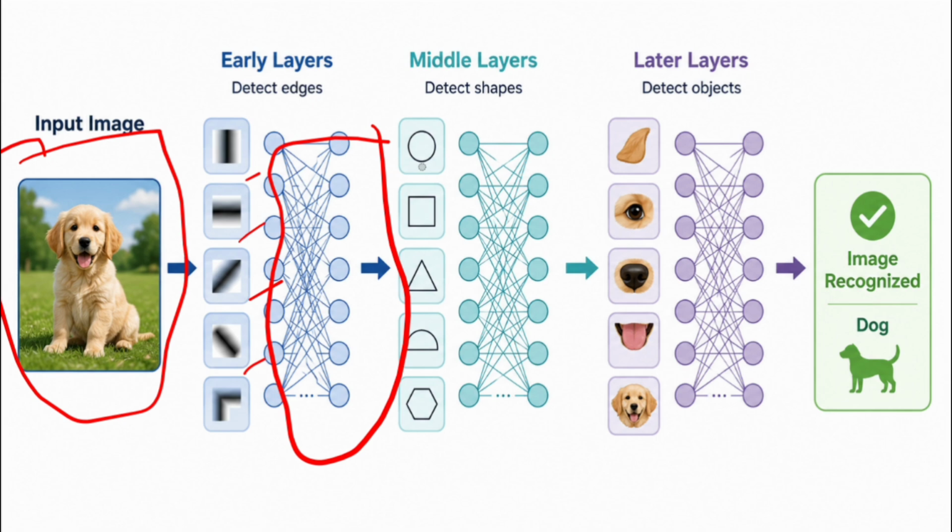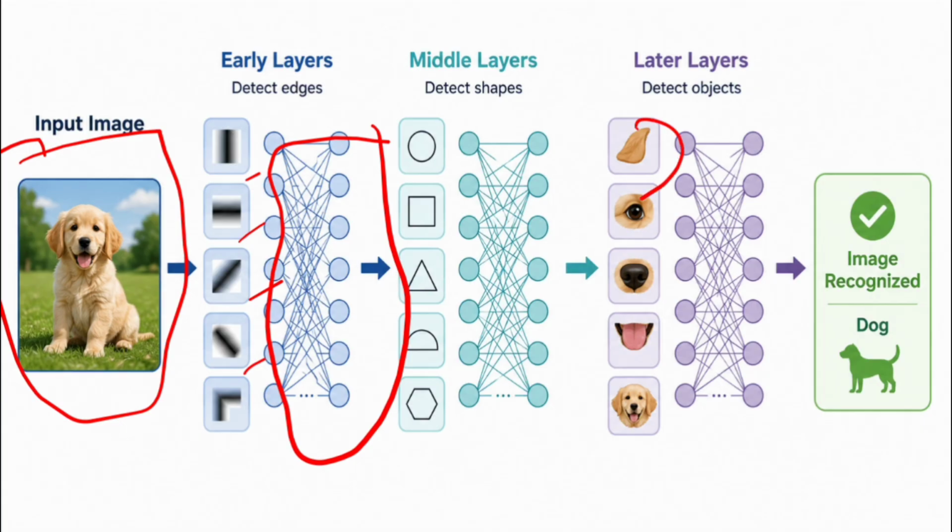These features do not look like a dog yet. Then, in the middle layers, it tries to find meaningful information such as circles, rectangles, triangles, semicircles, or other regular shapes.